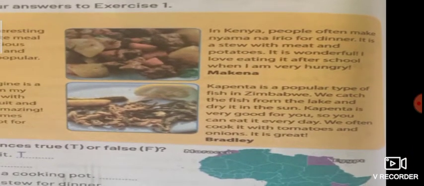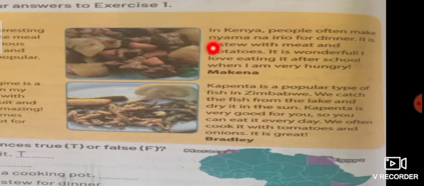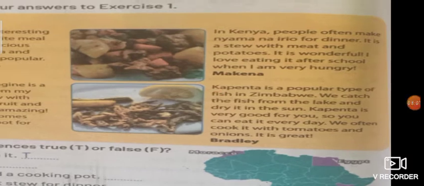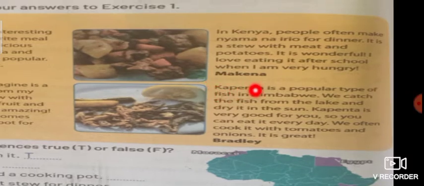In Kenya, people often make nyama choma for dinner. It's a stew with meat and potatoes. It's wonderful. I love eating it after school when I'm very hungry. Kapenta is a popular type of fish in Zimbabwe.